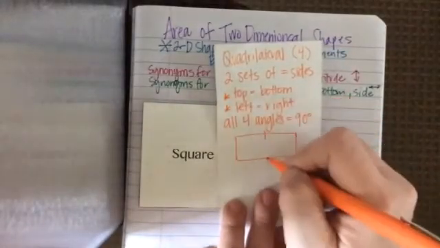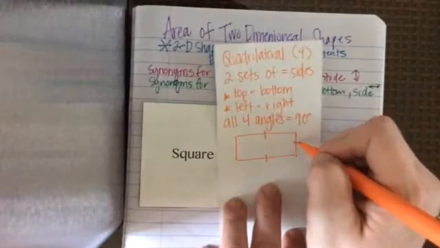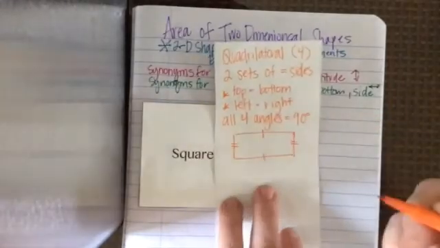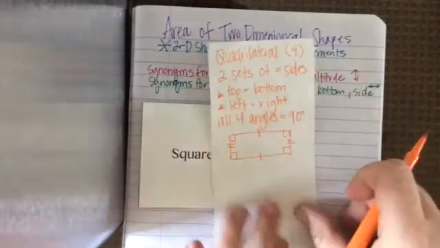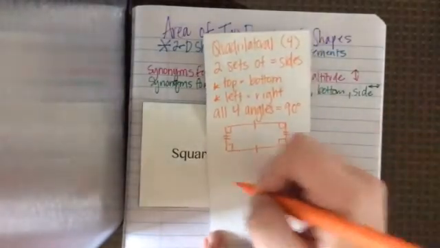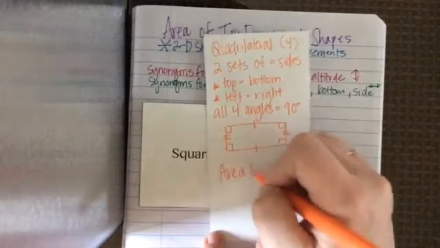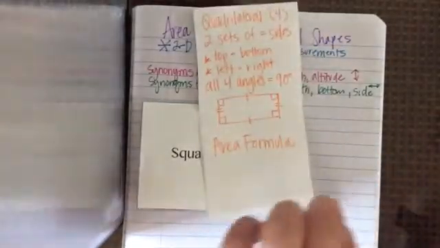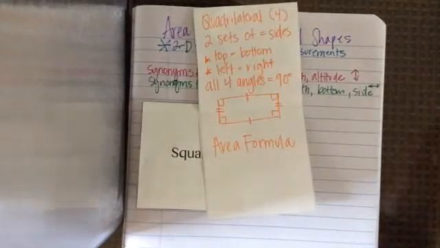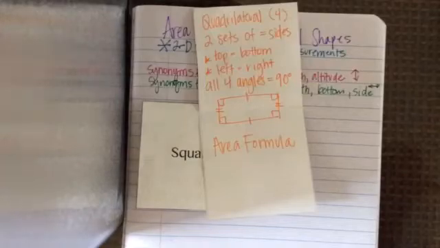So the top is equal to the bottom, and the left is equal to the right, and 90 degrees. The area formula, you probably know it as length times width. Sometimes that's really a struggle because students get really fixated on which one's the length and which one's the width.